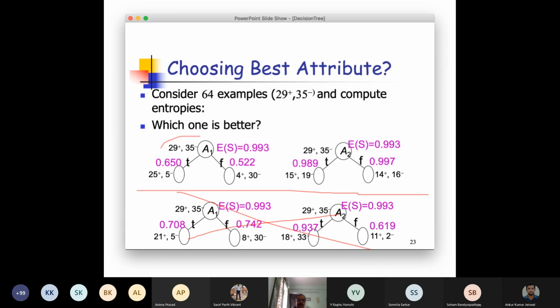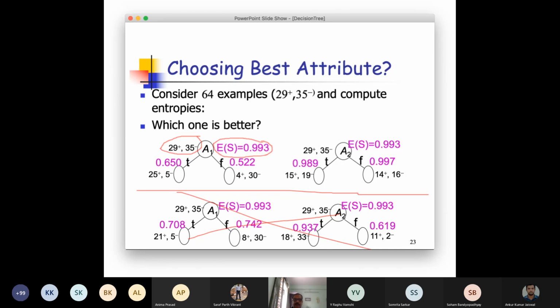So the entropy of this one is 0.993. Can anyone tell how this computation is done? I have not shown you those slides. I can go back and show you, but I would like to know whether you know how this computation could be done.